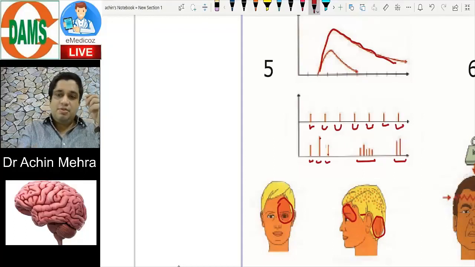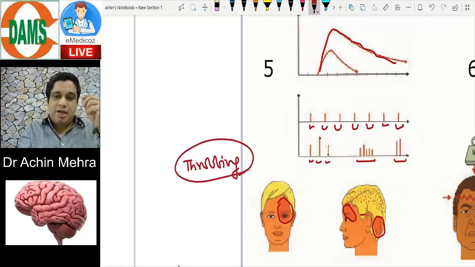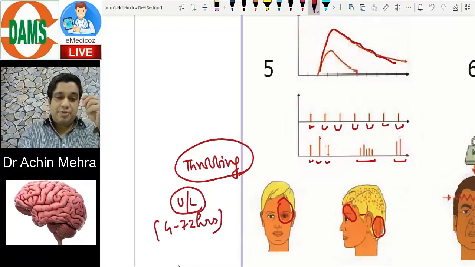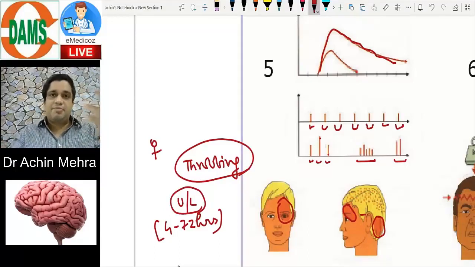This could be a throbbing pain or headache in a female, happening on one side, following this parabolic curve, with a duration of 4 to 72 hours. The headache was periodic, and it kept on happening until she got the right treatment for prophylaxis.